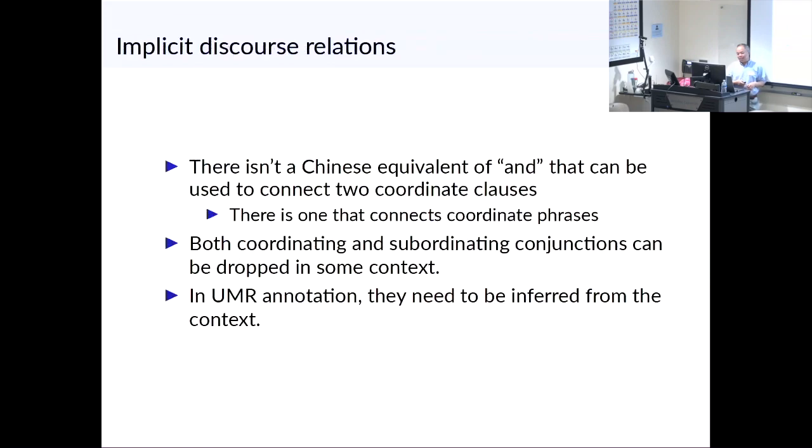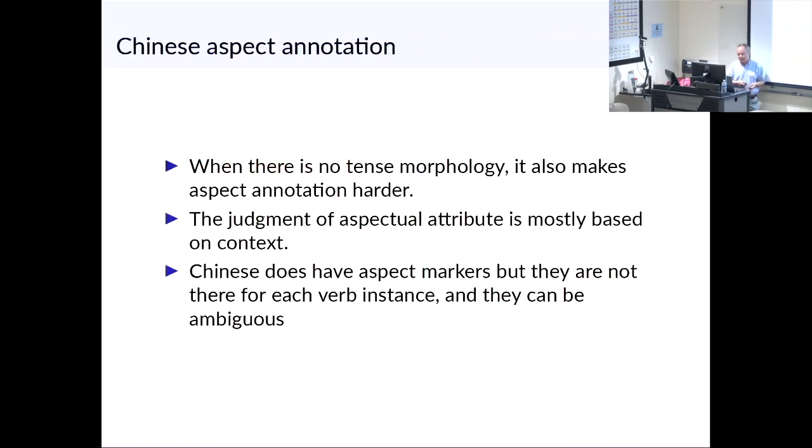But let me talk a little bit about aspect first. Aspect and tense markers tend to happen together, right? Actually, Chinese does have aspect markers, but they're not there for each verb instance. Unlike an English verb, which is finite, there's always going to be tense on it.